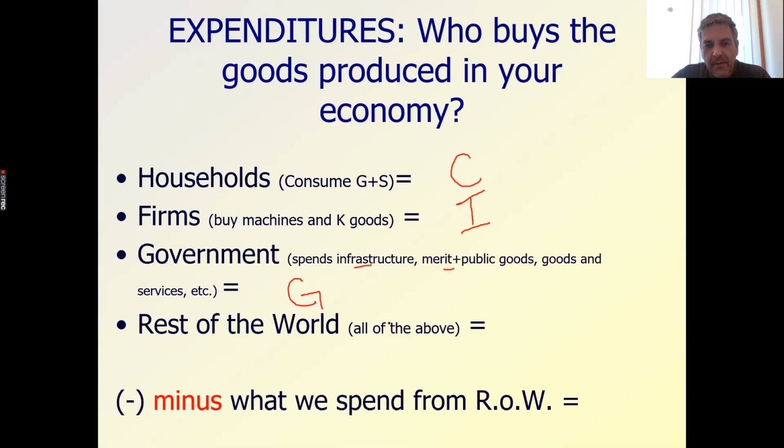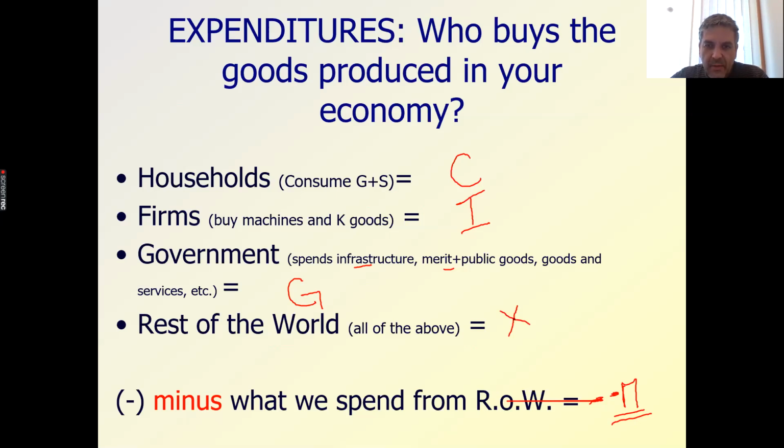And the rest of the world, they will actually buy what we produce. So those are the exports that we sell to the rest of the world. Everything that we are spending is counted here. C, I, G, X, minus, remember, we are subtracting what we actually spend on the rest of the world.